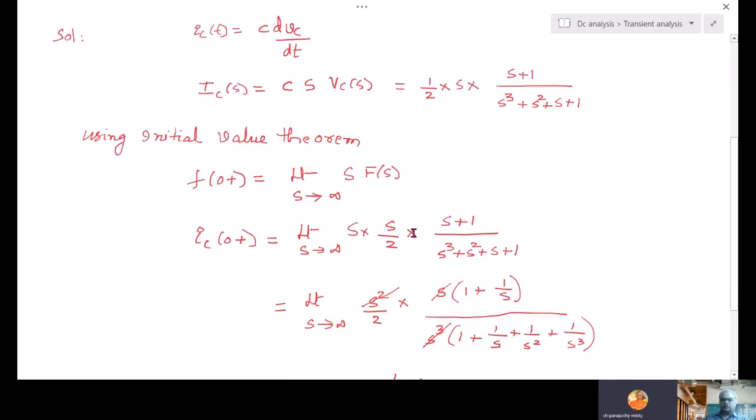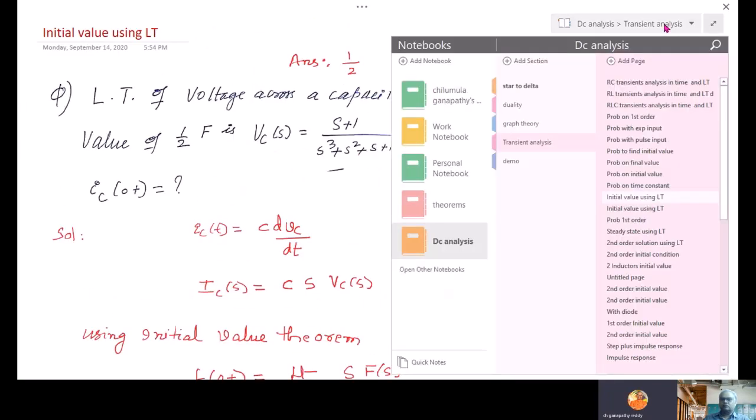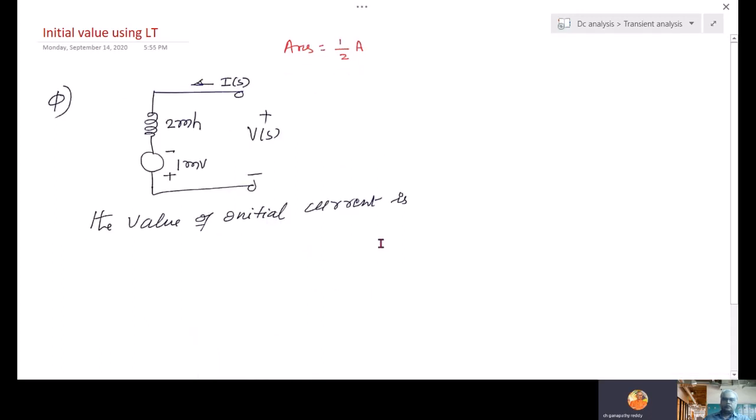And this is the best technique, using initial value theorem.